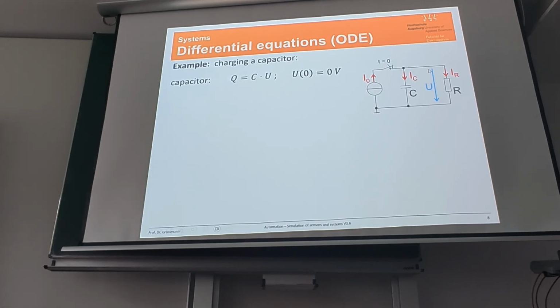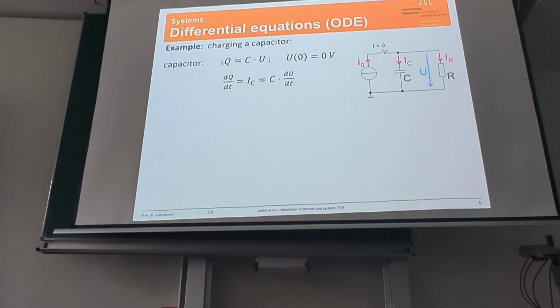This is the voltage U here in blue, measured between top and bottom. Proportional, and the constant is called the capacity. This is our element equation, and let's say before closing the switch, this capacitor was empty, so the voltage at time 0 was also 0 volts.